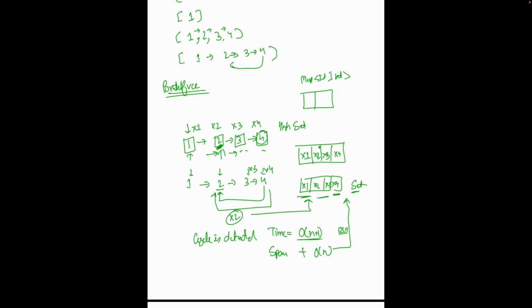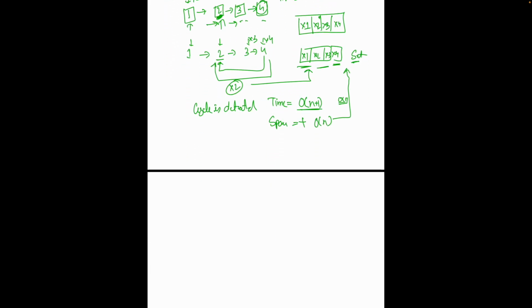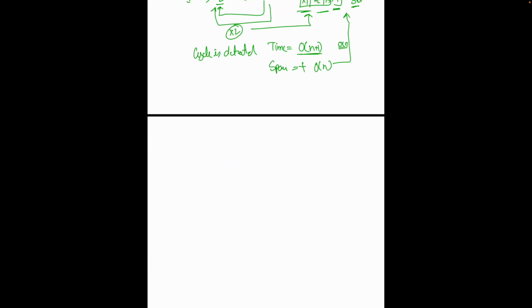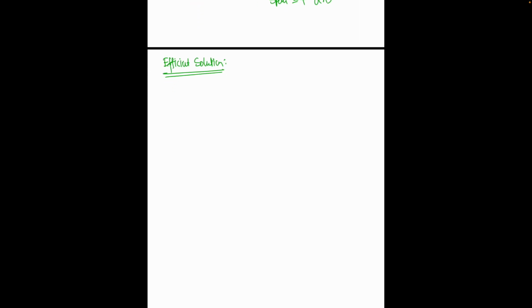So big O of n time and big O of n space. Now whenever a linked list comes as a question, I always try to solve it only through pointers, and luckily in this case we can solve this question with pointers. We'll do it with two things, a slow and a fast pointer. So let's say this is the list.